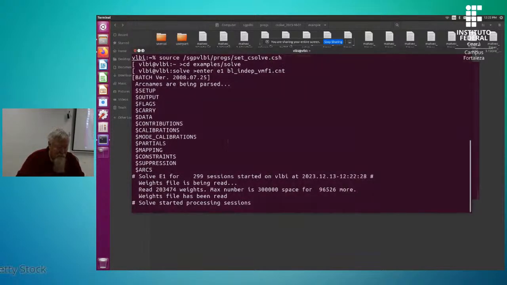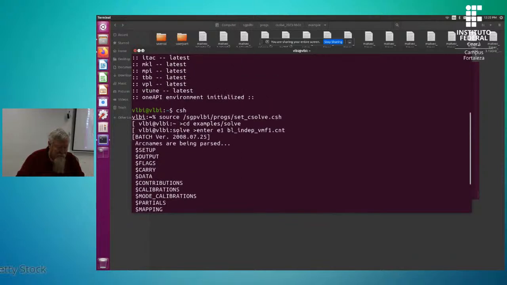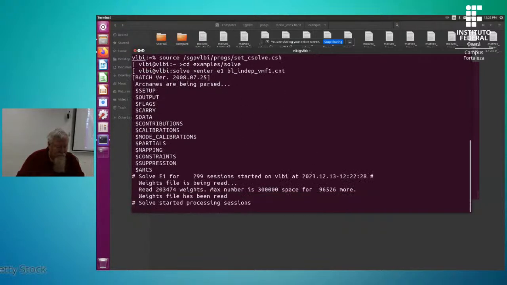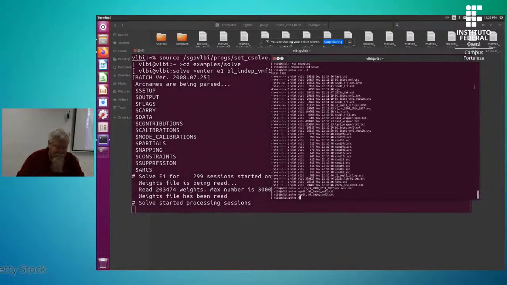So this is the line that we entered. And in the other, we're going to say enter E2 baseline independent VMF3.cnt.